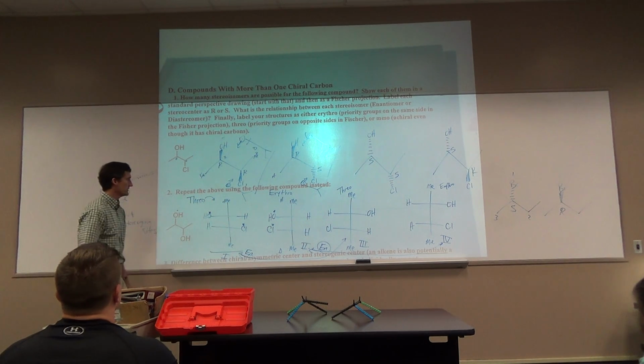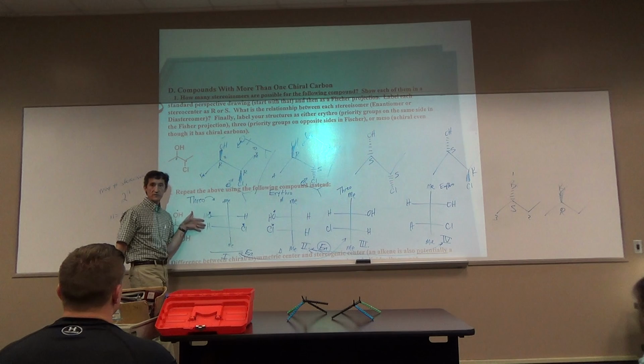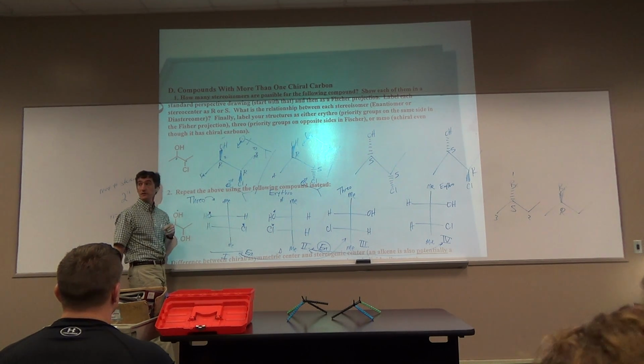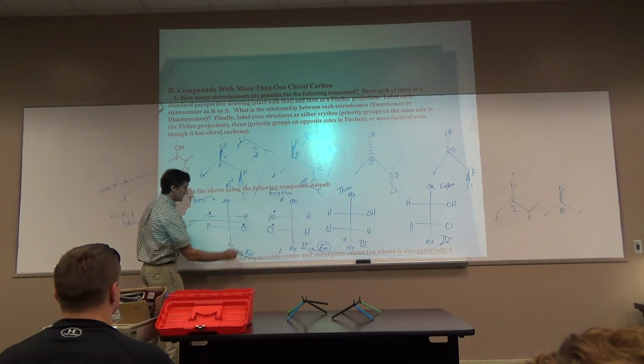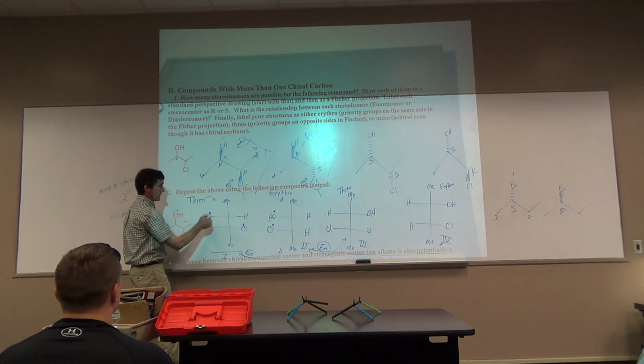Let me ask you this. How can you look at a compound and tell it's going to be chiral? That is, it will have an enantiomer. You look for Waldo, right? What do I mean by Waldo? Plane of symmetry. Does 1 have a plane of symmetry? Is that a plane of symmetry? No. There's only going to be two to look for. What about here? Is that a plane?